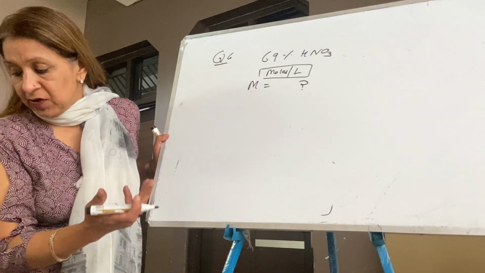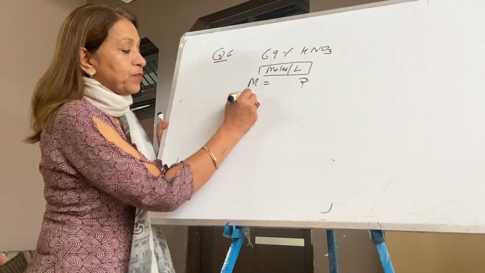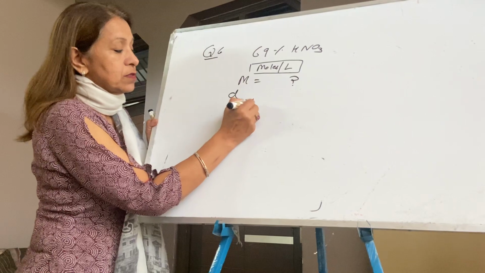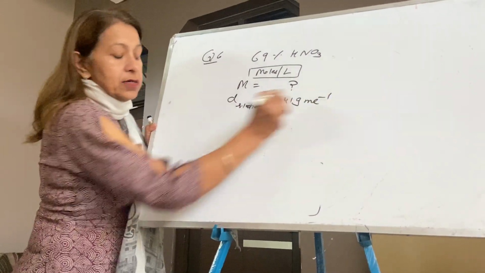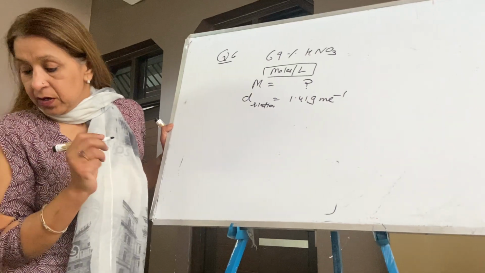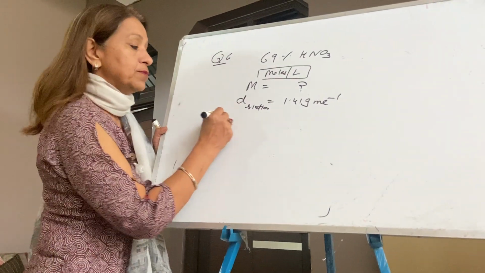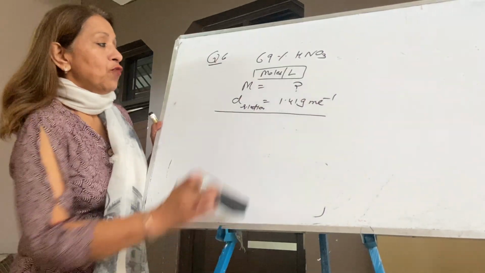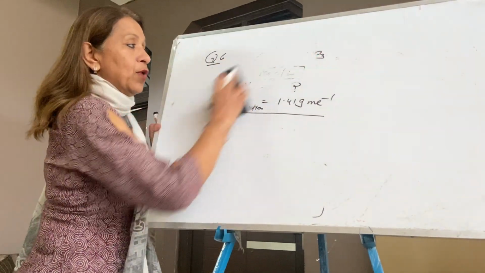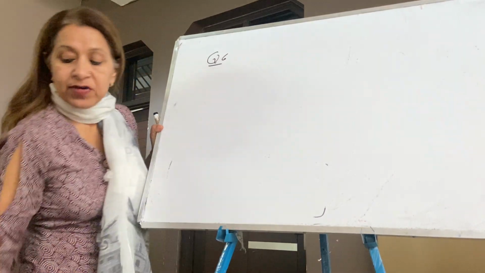Calculate molarity when the density of the solution is 1.41 gram per ml. The solution density is given. Let us start. Whenever the density is given and you want to calculate the molarity, you make a table first.